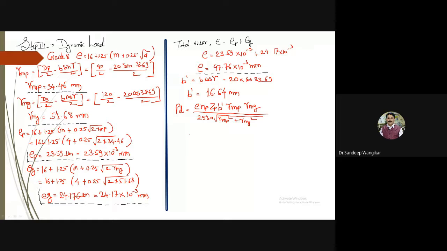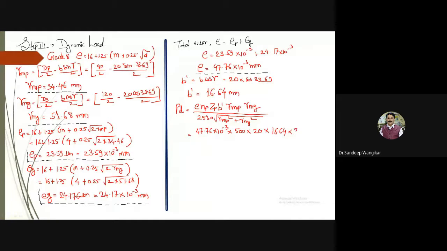Let us substitute the values, friends. Error value I will write 47.76 into 10 raised to minus 3. Then RPM 500, ZP 20, B dash 16.64, 2 radius.